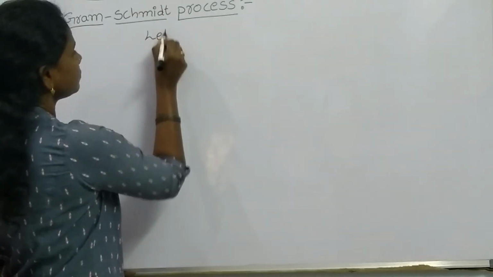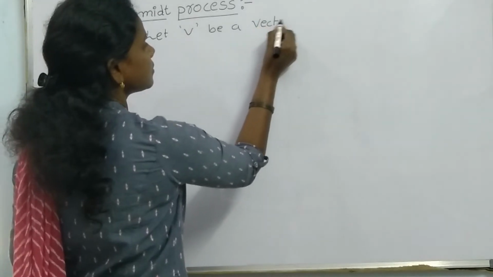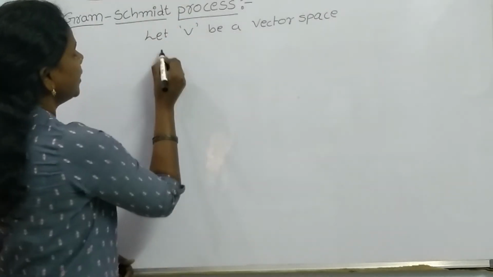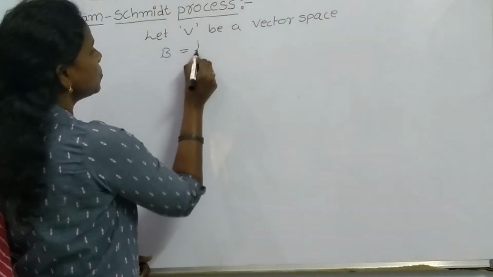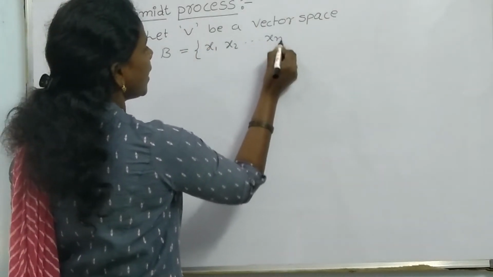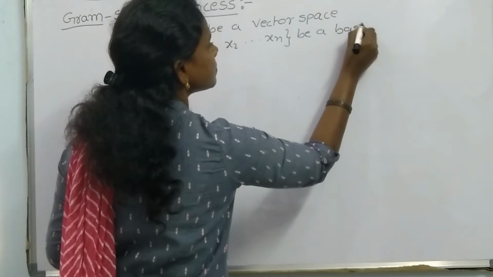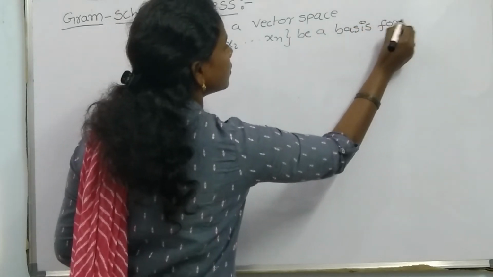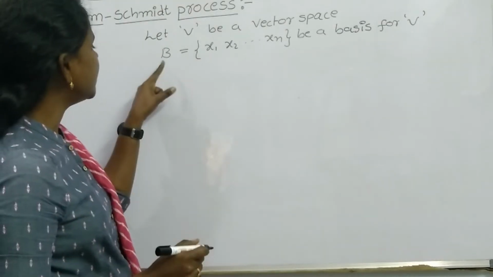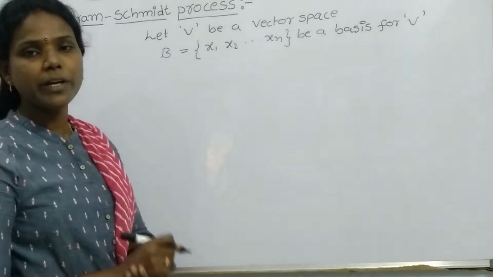Let capital V be a vector space and B equals, suppose, x1, x2 and so on, xn be a basis for V. Now, how to make this basis an orthogonal basis by using the Gram-Schmidt process?